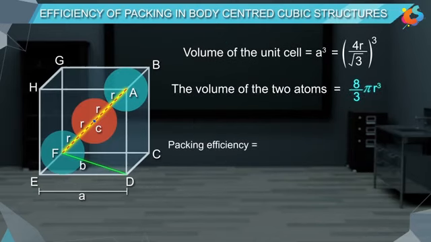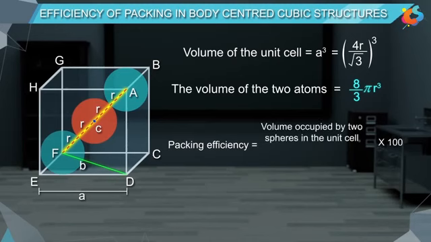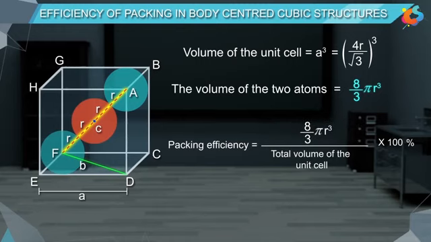Packing efficiency is equal to volume occupied by 2 spheres in the unit cell into 100 by total volume of the unit cell percentage, which is equal to 8/3 πr³ into 100 by 64/(3√3) r³ percentage, which is equal to 68%.